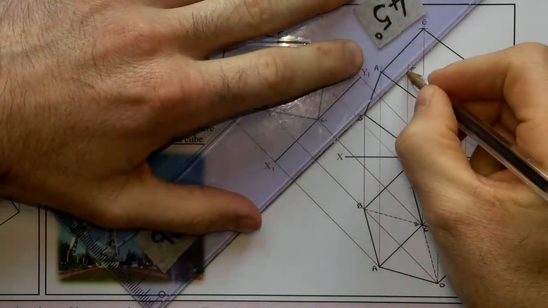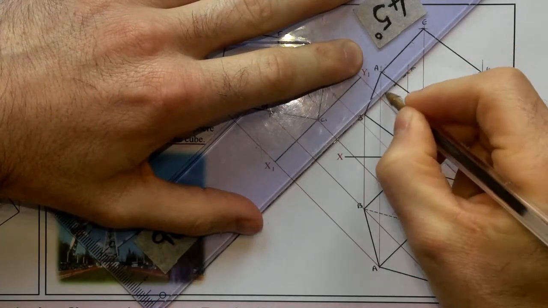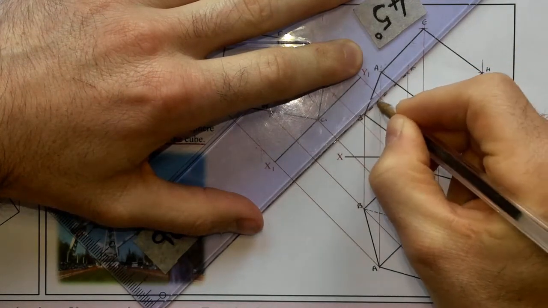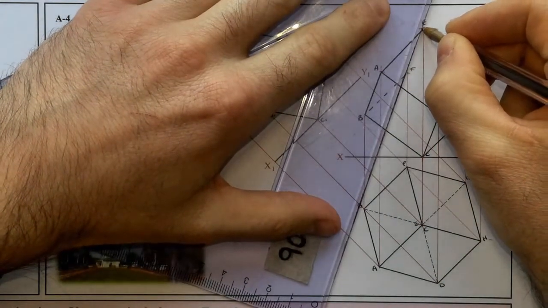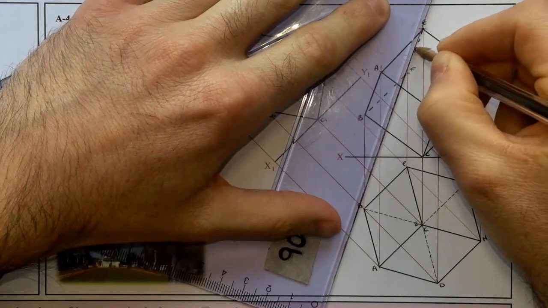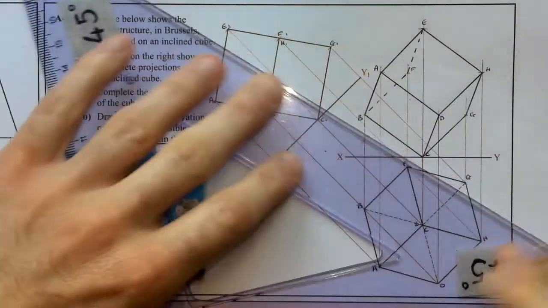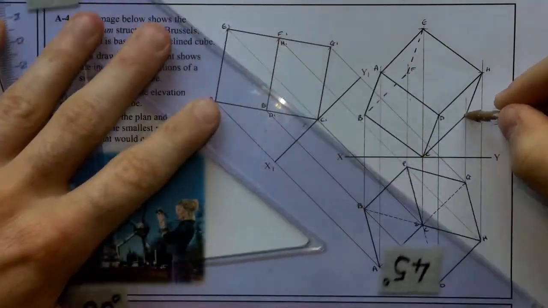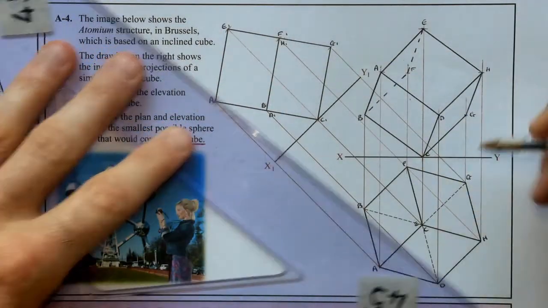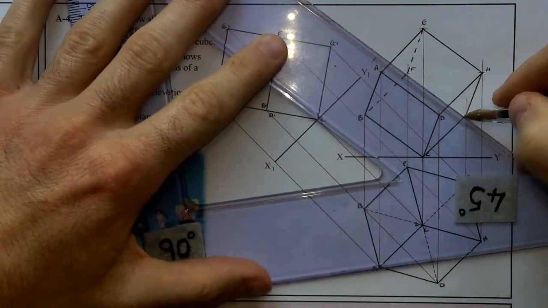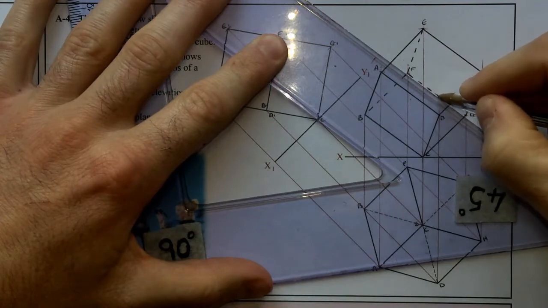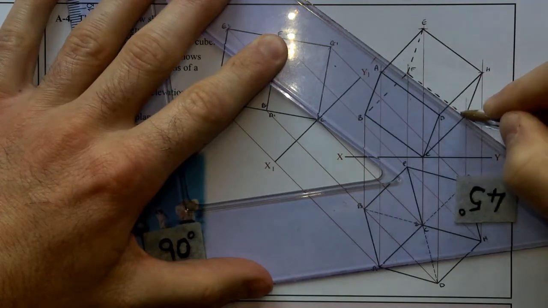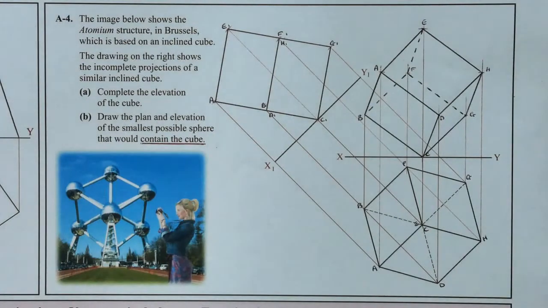Put that in hidden detail as best I can. And then to complete the structure, F will also connect to G. Yep. Okay, so there we have our cube in our elevation done. Okay, that's part A done.